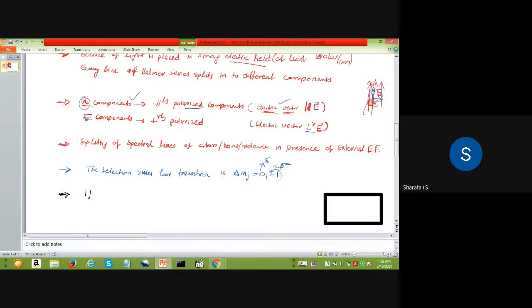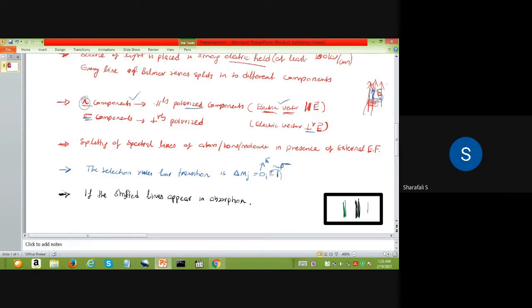So if the shifted lines appear in absorption instead of emission, we are getting absorption lines like dark bands. We cannot have any radiation, but we can see some lines which are missing, which means that they are absent and can be observed from these dark bands.